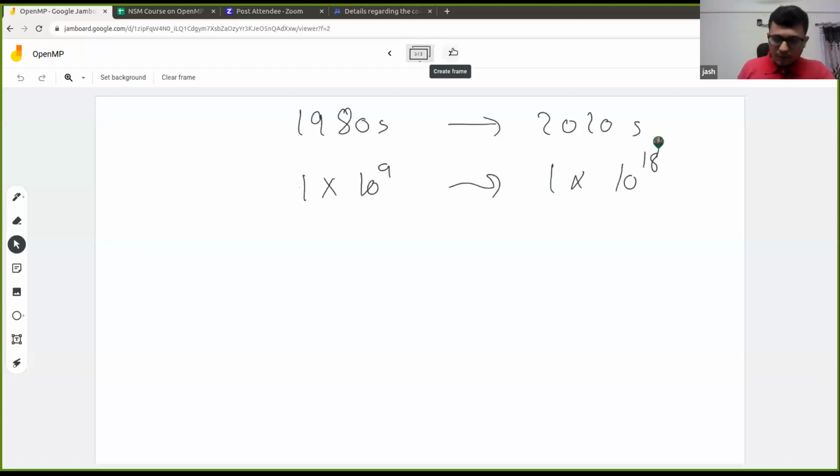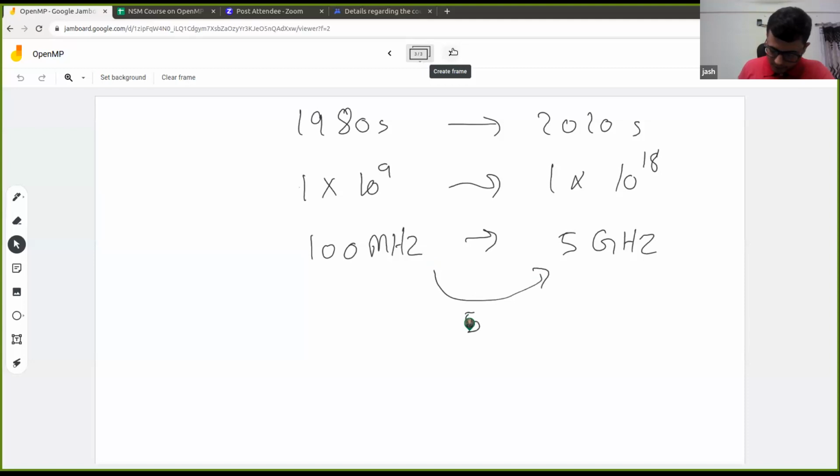But the clock frequency of a particular core, I'm talking about a particular core, has gone only from megahertz to, let's say, the maximum 5 gigahertz, right? So this increase is just 50 times, if I'm not wrong. But this one is a whopping 10 to the power 9 times, right?